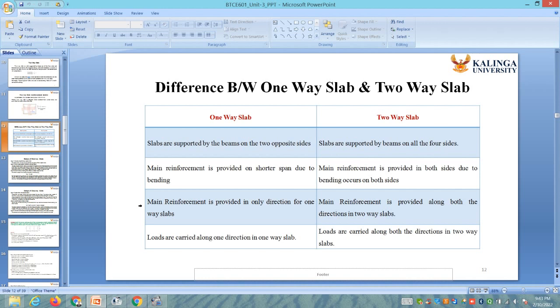In one-way slab, in the shorter span we provide the reinforcement and your slab is rested in most of the cases on the beams or walls on two opposite sides. On the contrary, these two-way slabs are supported either by walls or beams on all the four sides.